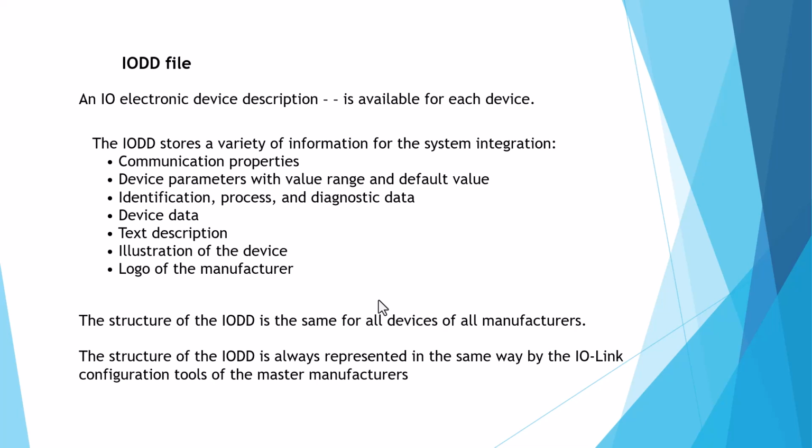In IO-Link, we use IODD. The IODD stores a lot of information, for example, communication properties, device parameters, process and diagnostic data, device data, an illustration of the device, and the logo of the manufacturer. The IODD is the same for all devices, with the same structure for all devices of all manufacturers.